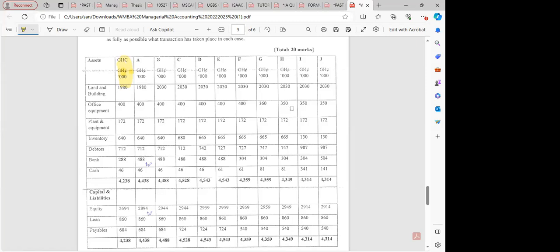So it has gone down by 10. Then plant and equipment is the same. Inventory is the same. Debtors is the same. Bank is the same. Cash is the same. Equity has gone down by 10. Loan is the same. Payable is the same.